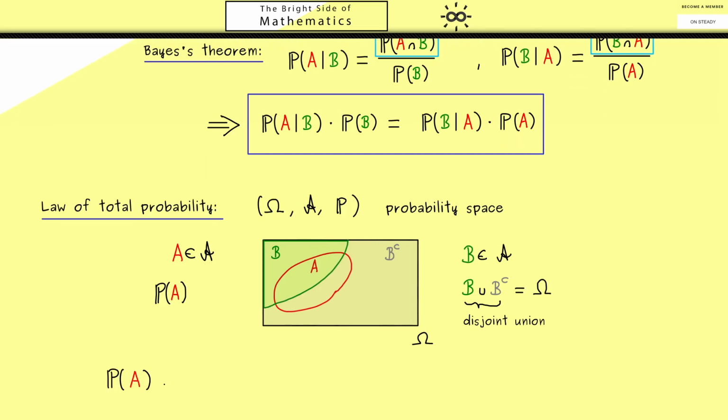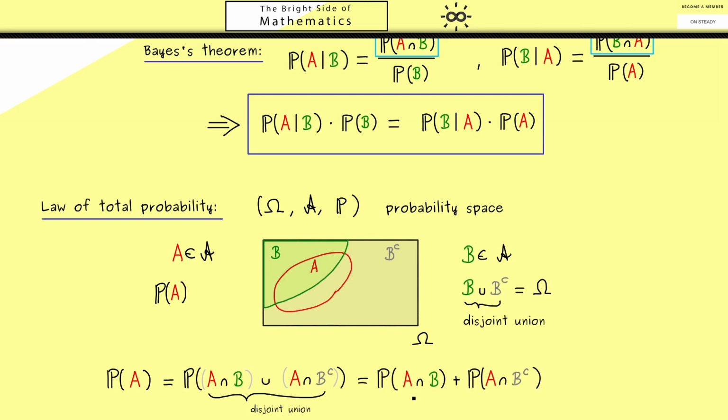So we have P(A) where we can write A as a disjoint union, namely the union of the upper part here we have in B with the other part we have in B complement. And because this is a disjoint union we can use the property of the measure and write it as a sum. So we have the probability of this intersection plus the probability of that intersection.